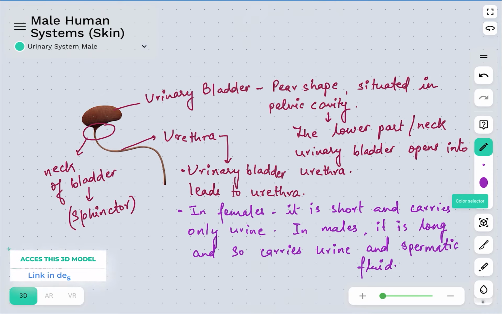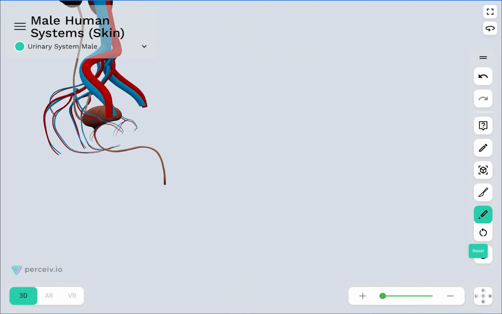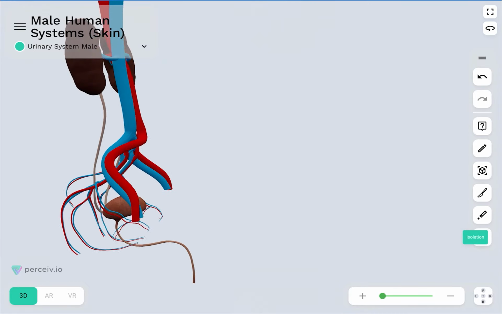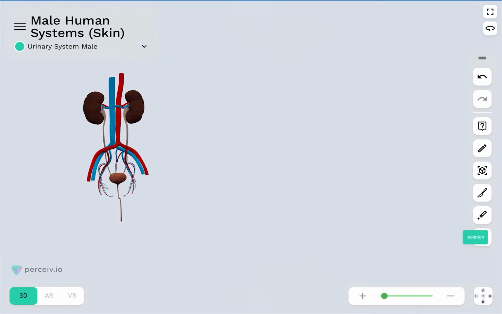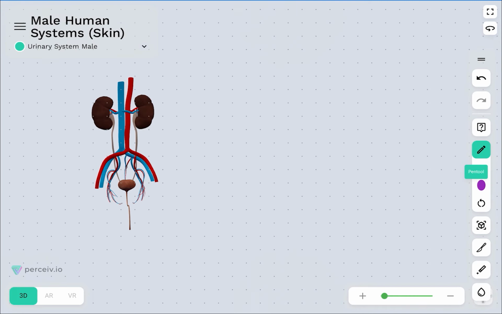All right, so these are the components of the human urinary system that we have seen. Now, let's look into the path of urinary drainage, the pathway through which urine is drained.